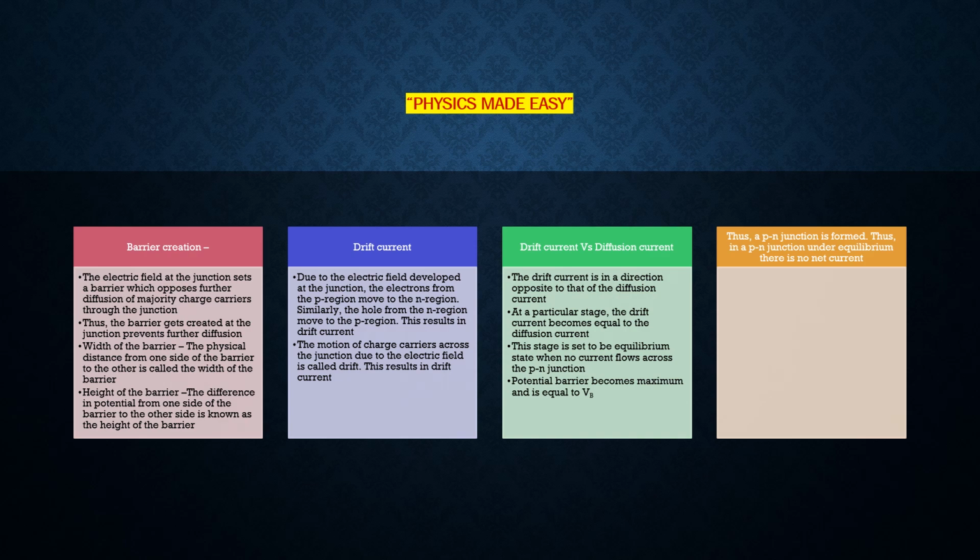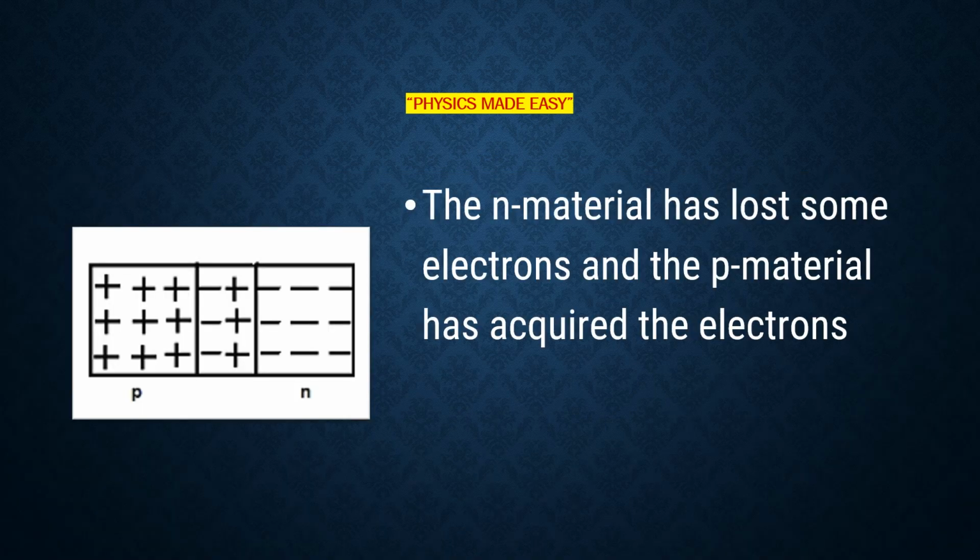Potential barrier becomes maximum, and that is equal to, we can say, VB. Once the p-n junction is formed, it is under equilibrium as the drift current is in balance with the diffusion current and there is no net current.